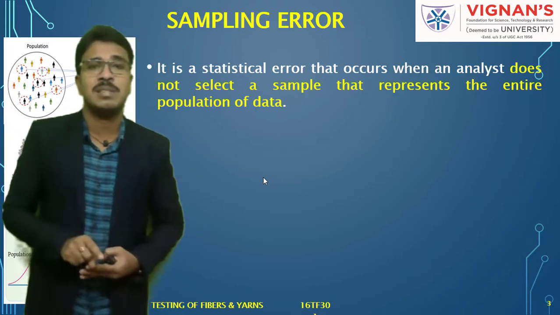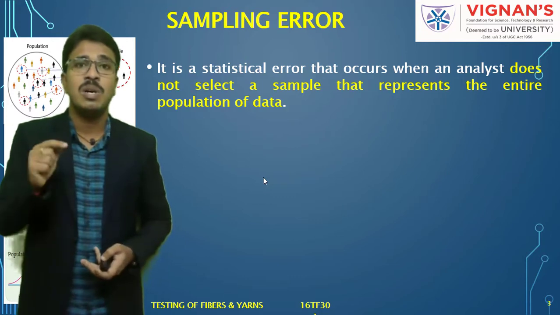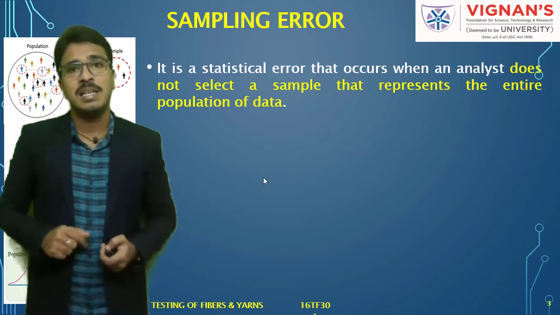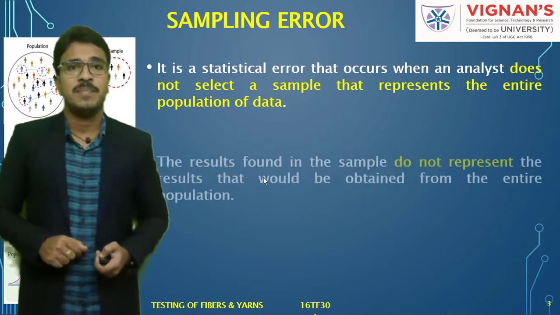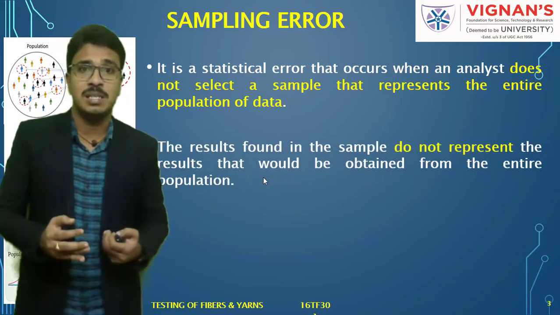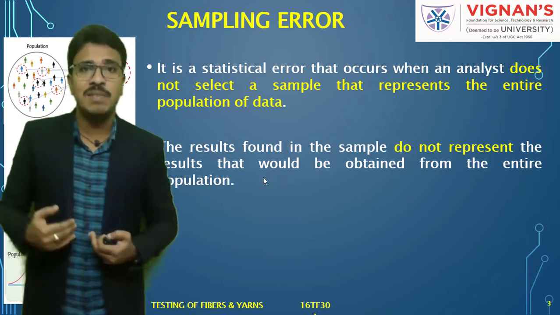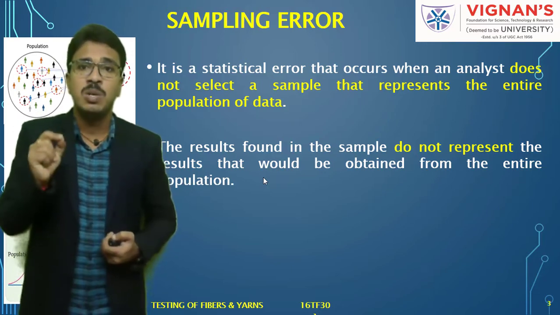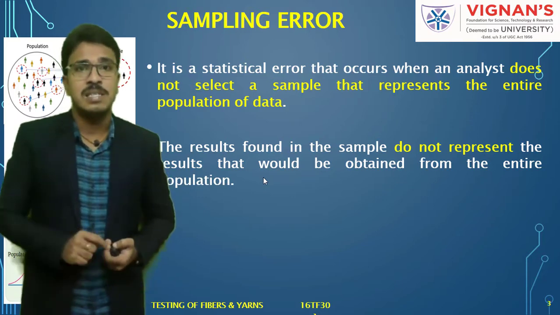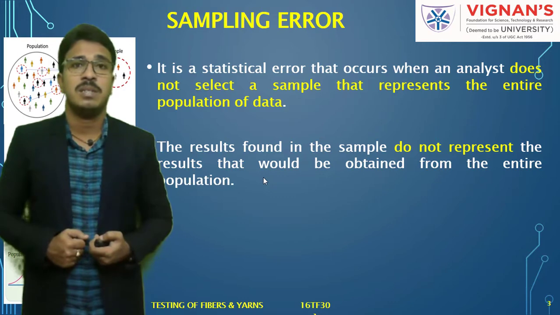That kind of selection is called a sampling error. And the results found in such a sample do not represent the results that would be obtained from the entire population.